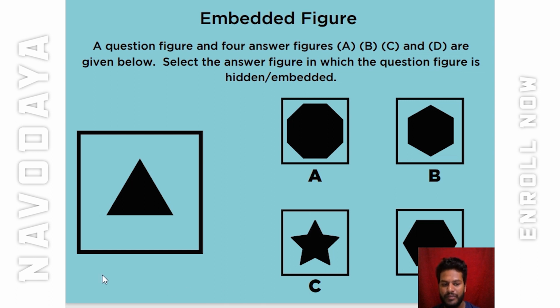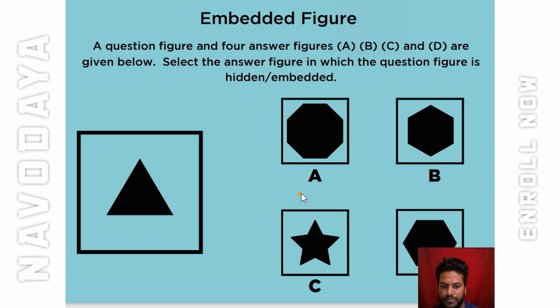Simple. We have this question figure over here, a shape like a triangle. This triangle is hidden or embedded in the given answer options A, B, C, D. We need to find where exactly this triangle exists in the images.